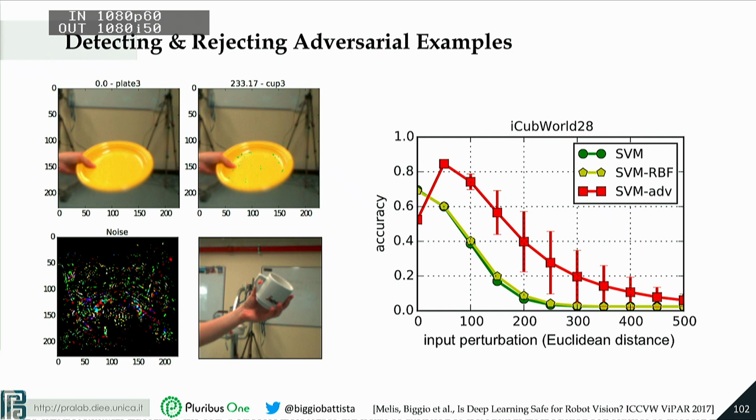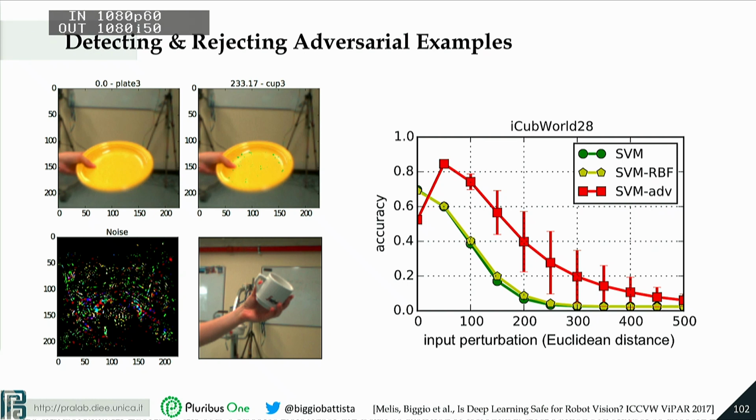And this is what happens when you increase the amount of perturbation on the images, according to the L2 norm, so the Euclidean distance. Of course, as soon as you increase the level of noise, the performance drops, and you see that it drops quite quickly here. This is about 200 in terms of the Euclidean distance with respect to the original image. So this is not a very strong perturbation, but it's enough to almost completely mislead the classification accuracy.